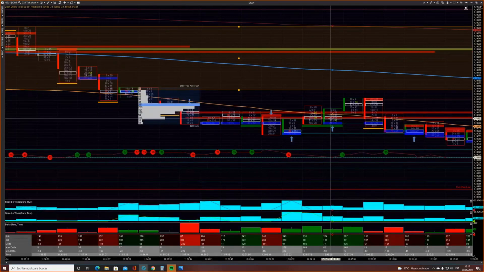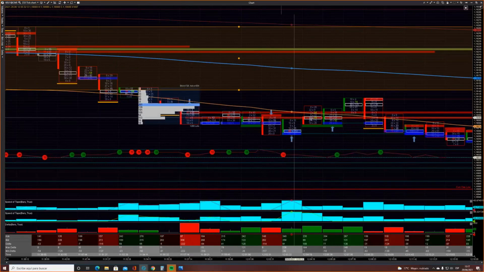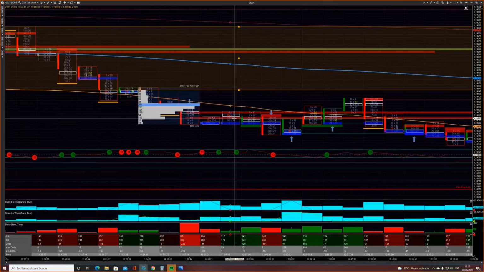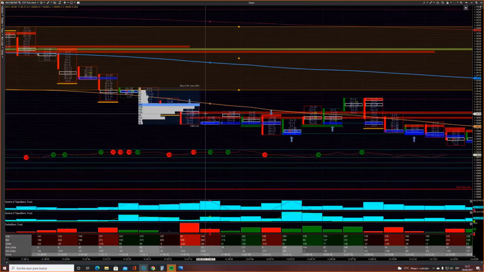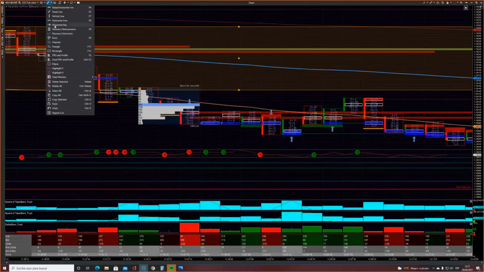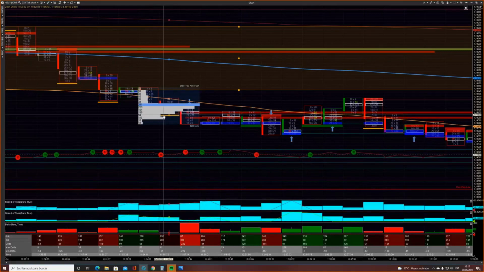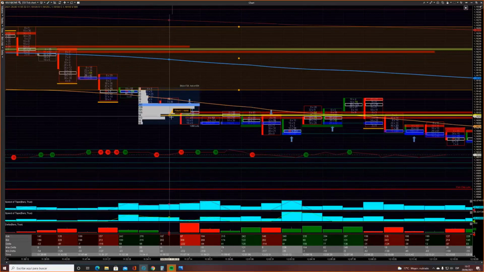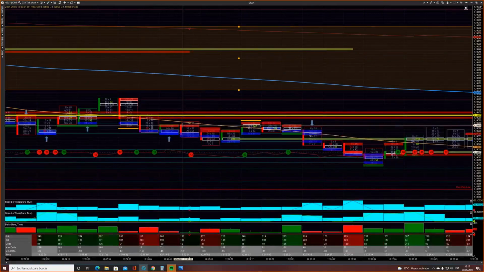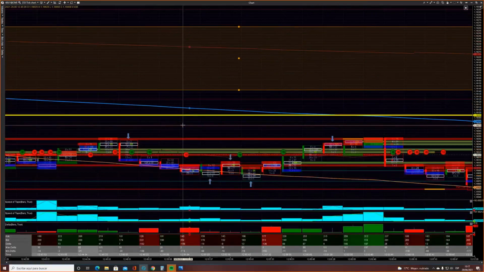We know that a lot of sellers entered at this price, so for a moment it will be difficult for the price to break out through this area. Let's put a horizontal line right here. This is one very interesting spot that we can use to trade.